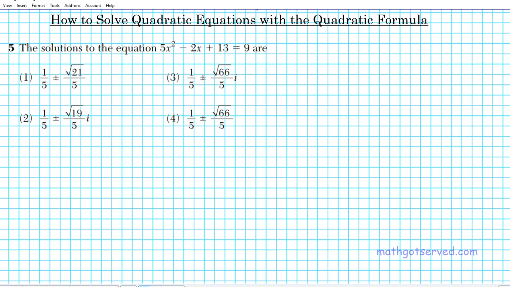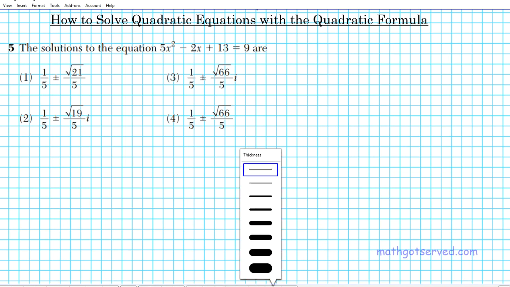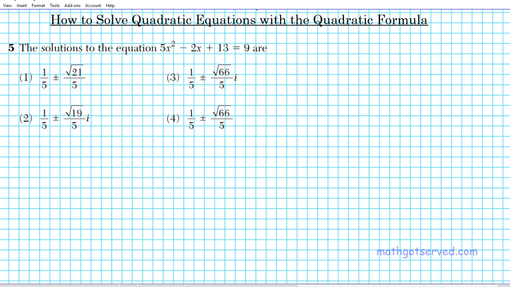In question 5, we're going to go over how to use the quadratic formula to solve quadratic equations. It says the solutions to the equation 5x squared minus 2x plus 13 equals 9 are... Before we get started, let's see if we can solve this by factoring first.